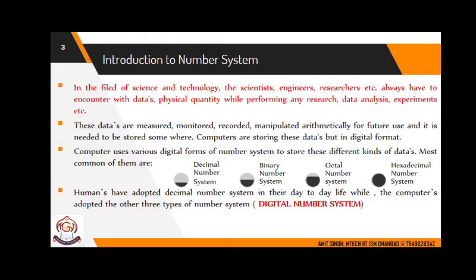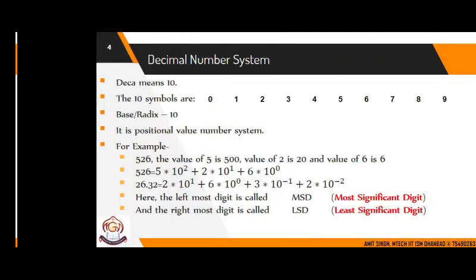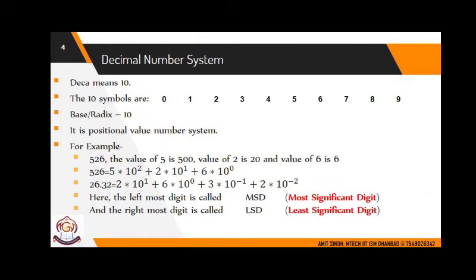We humans adopted a number system, that is decimal number system, but our machine, that is computer, can understand decimal number system as well as binary number system, octal number system, and hexadecimal number system too. So let's see one by one the different types of number system, starting with decimal number system.